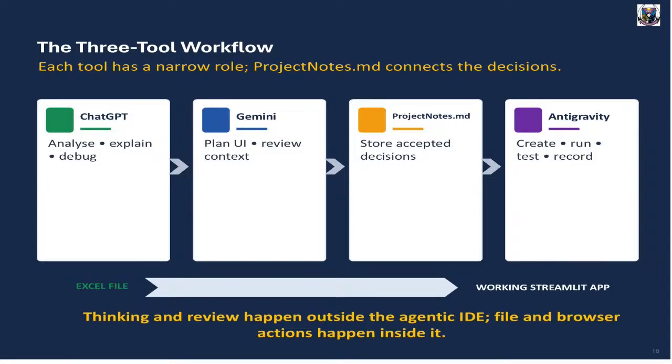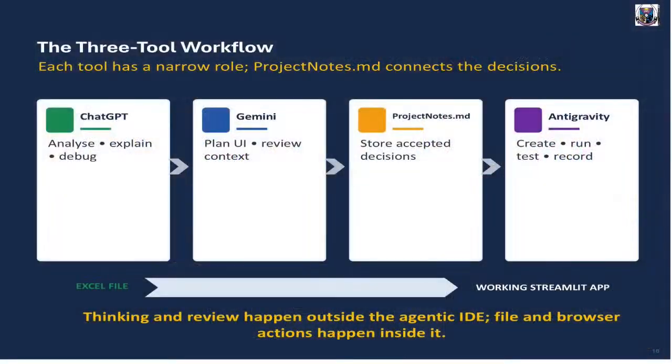It is required for you to store the results of the prompts from these two in project notes.md, because if I'm to link these two outputs to my Anti-Gravity, I need to store them inside the project notes.md. It's from the project notes.md that your Anti-Gravity will pick those instructions.